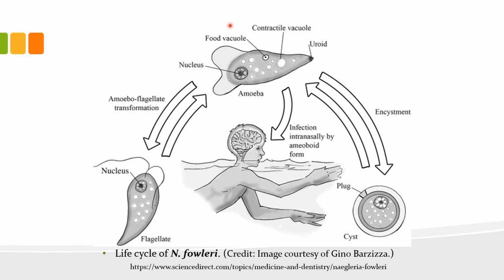Naegleria fowleri causes an acute fulminant meningoencephalitis known as PAM, or primary amoebic meningoencephalitis, and this is acquired by swimming or water skiing in small, shallow freshwater lakes as a result of direct contamination through the nasal cavity.